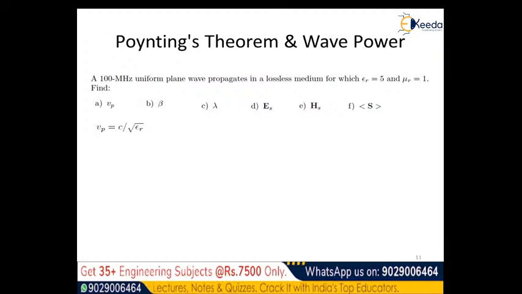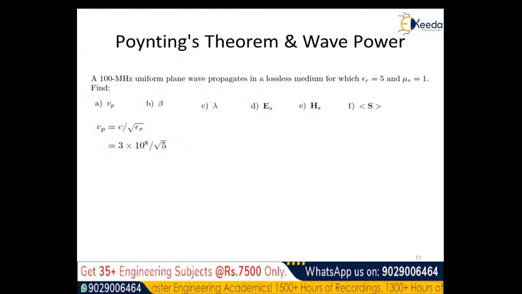Now c that you see in the numerator is the velocity of light if the medium is air or free space or vacuum you say. So that value is 3 × 10^8 meters per second. Substituting that value in the numerator and dividing by the square root of 5, it will be holding this particular form.